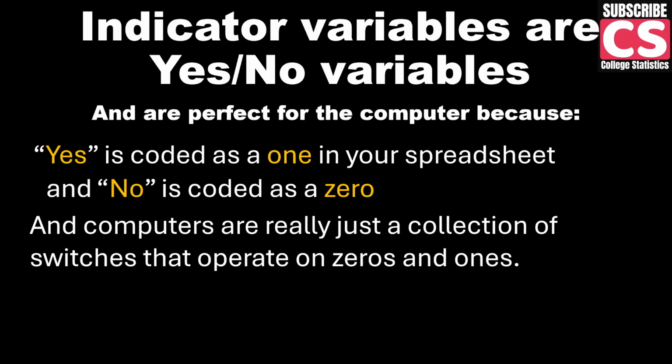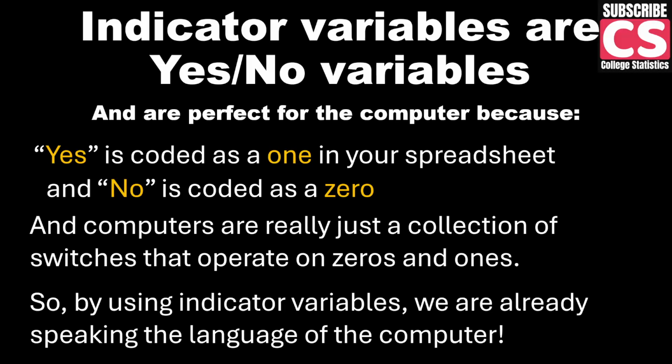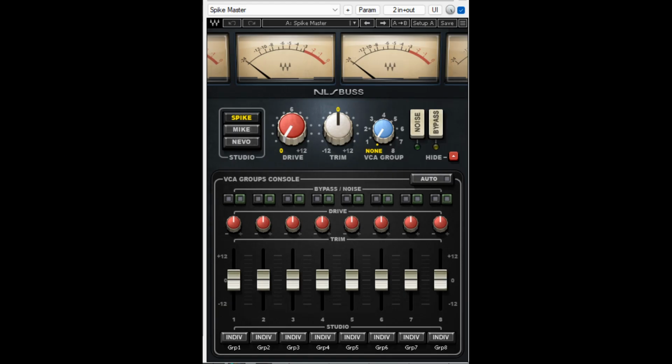And computers are really just a collection of switches that operate on zeros and ones. So by using indicator variables, we are already speaking the language of the computer.